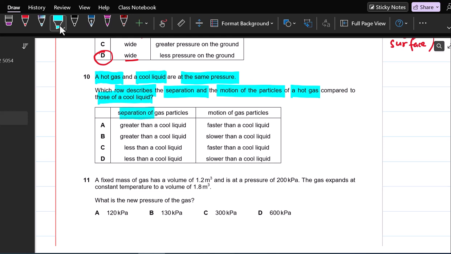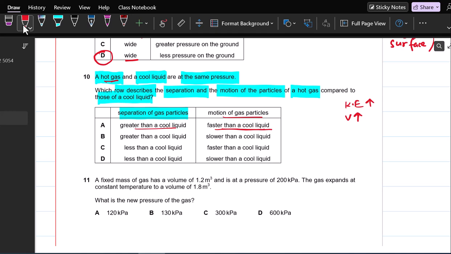Separation of gas particles is possible because the kinetic energy is greater, so the speed is greater. So the separation of gas particles, because it is hot gas, is greater than in a cool liquid. Yes, possible. Motion of gas particles faster than a cool liquid, possible.